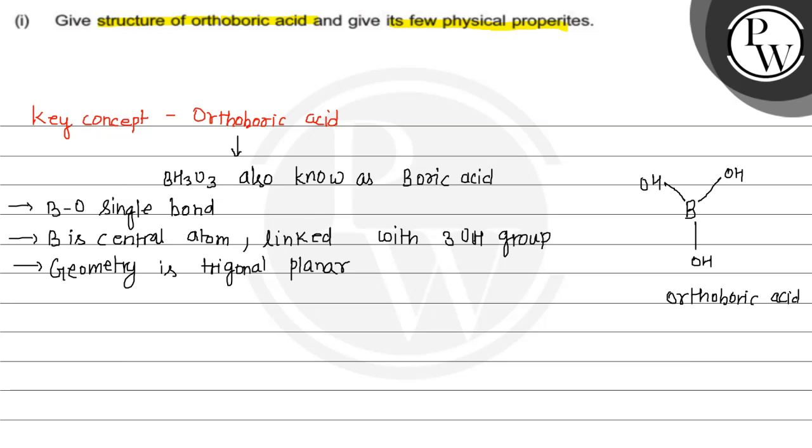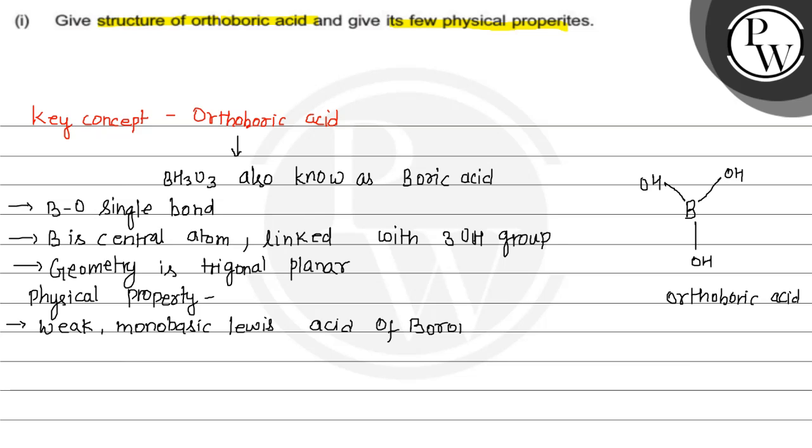And the basic physical property of orthoboric acid is: it is a weak monobasic Lewis acid of boron.